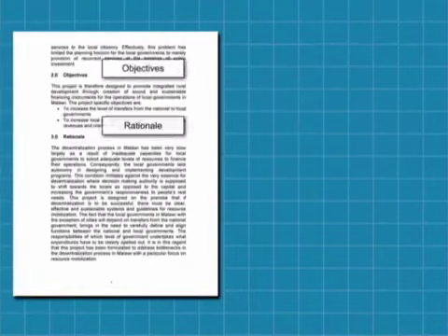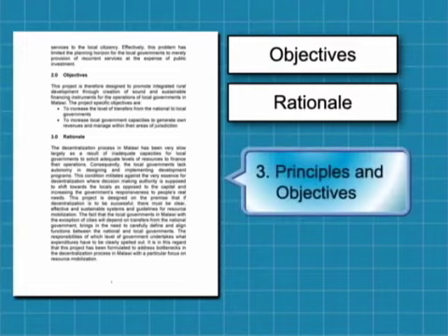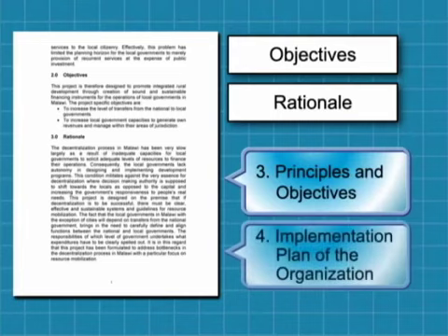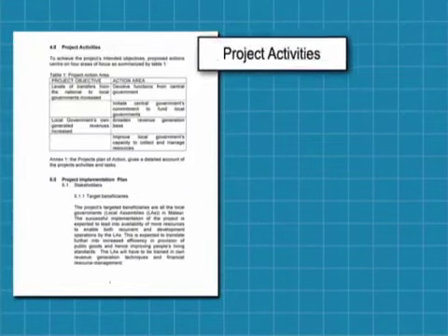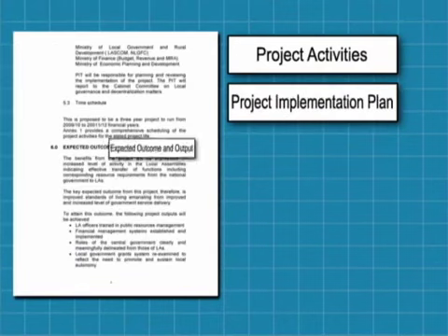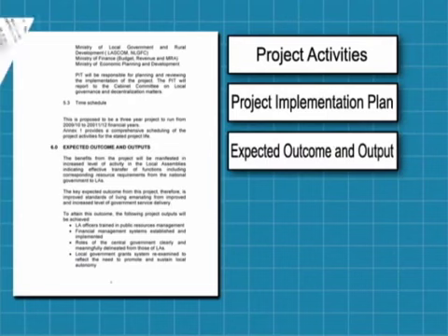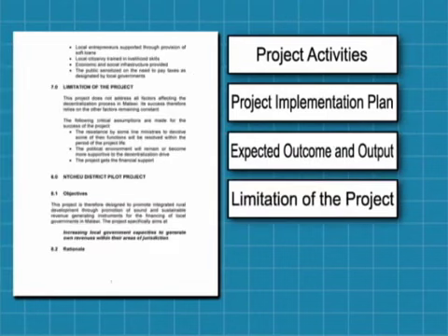Next, we can find objectives and rationale. They contain information about 3. Their principles and objectives, and 4. The implementation plan of the organization. Then follow project activities, project implementation plan, expected outcome and output, and limitation of the project.